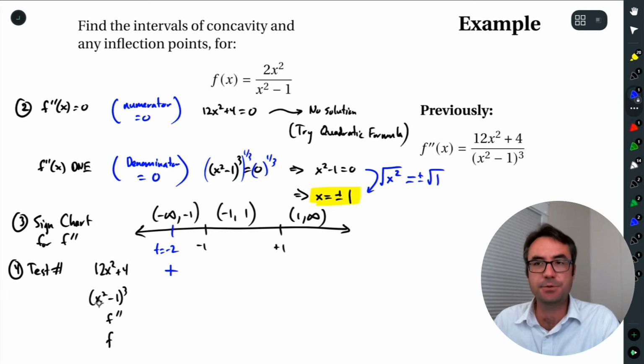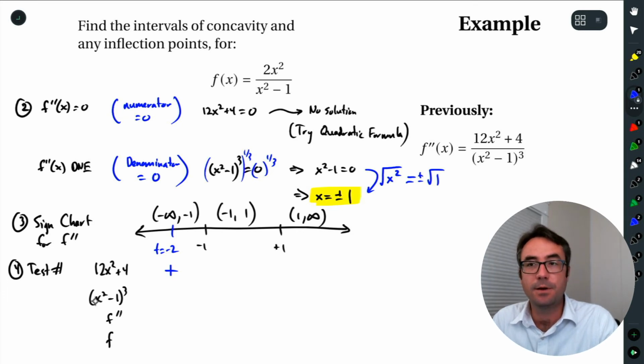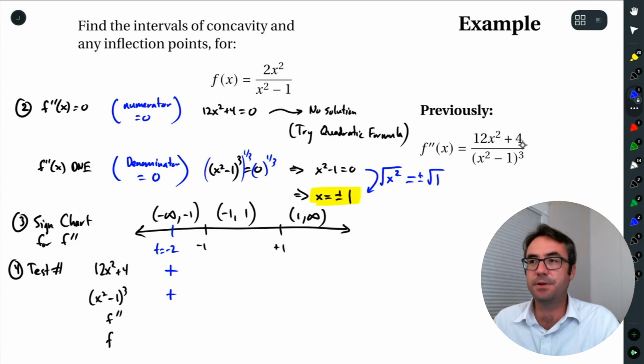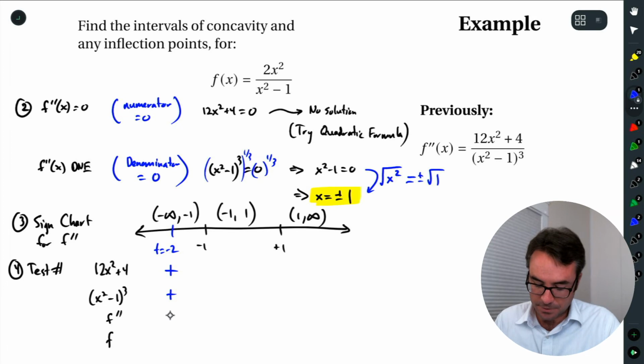So we get -2 squared, which is +4. +4 minus 1 is +3. And then 3 cubed is +27. So positive. And since our second derivative is a fraction here, it's this term divided by this term.